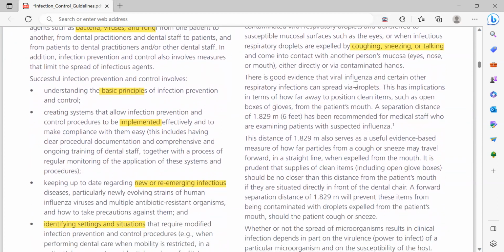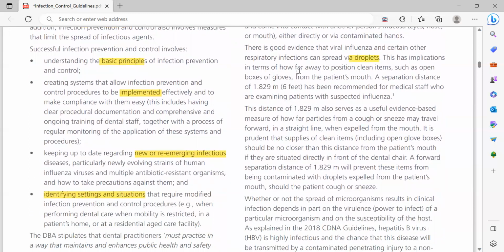There is good evidence that viral influenza and certain other respiratory infections can spread via droplets. This has implications for how far they can go. They can go around 1.829 meters, which is about 6 feet.